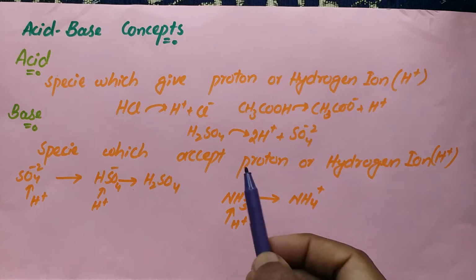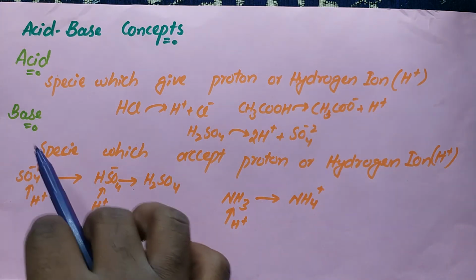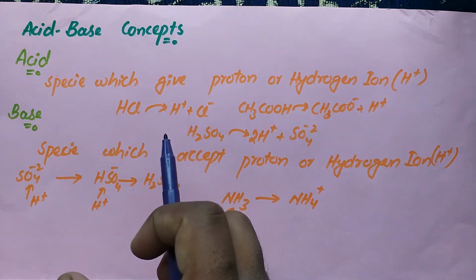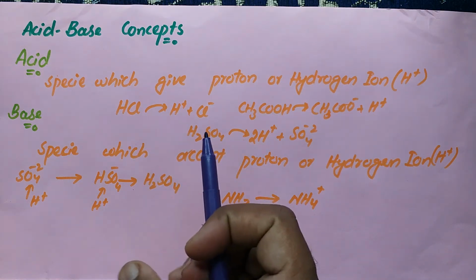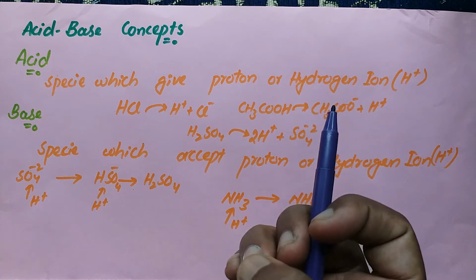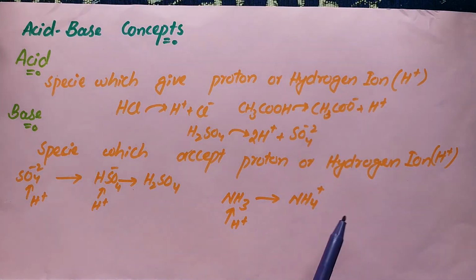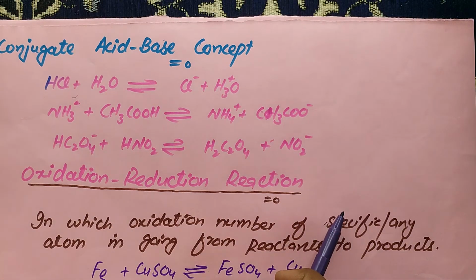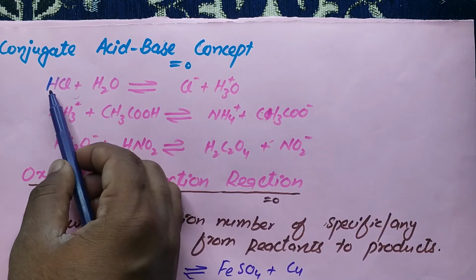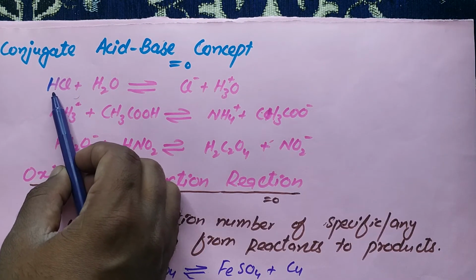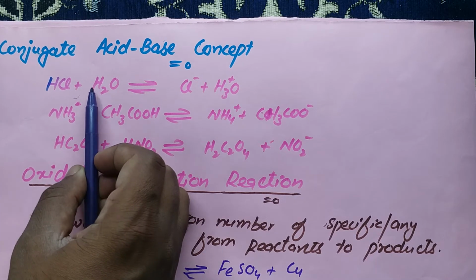So this is the concept of acid and base, and we also move on to the conjugate acid and conjugate base concept. In a reaction, if there is one acid, the other acts as base.